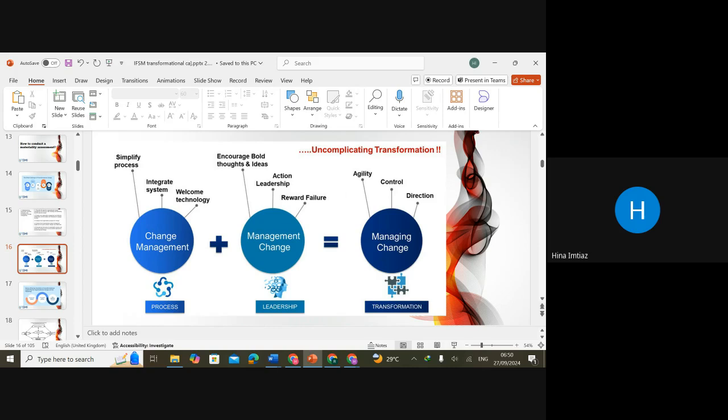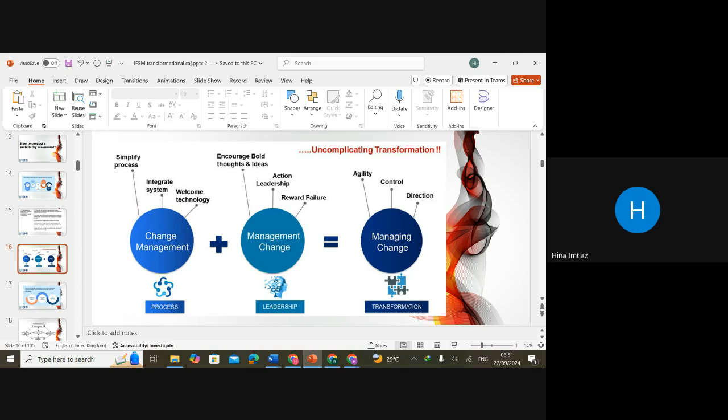For instance, if you are shifting your entire sewage system or waste management system up to the latest technology, and your employee does not know about that new technology, you have to train that individual. You don't have to complicate the whole process.